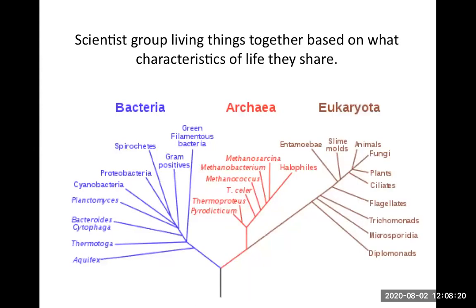We like to show these on trees because we can kind of visualize who's related to who. So a bunch of bacterias, bunch of archaeas, and then over here in eukarya, we've got animals and fungi and plants, and they're a little bit closer together, bunched together, than something like the flagellates, which is right here. That's a little more removed.